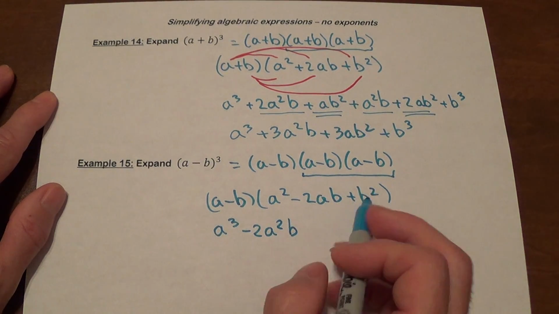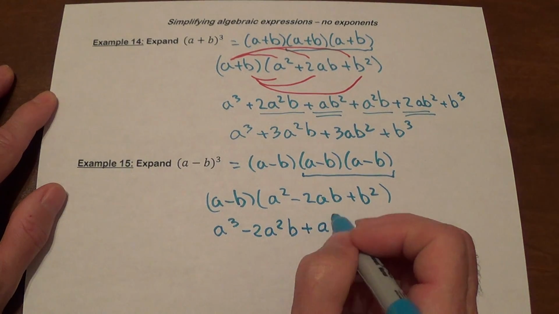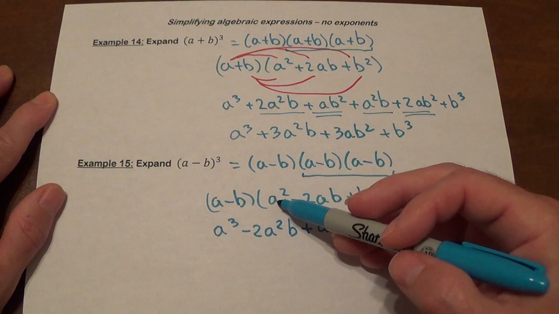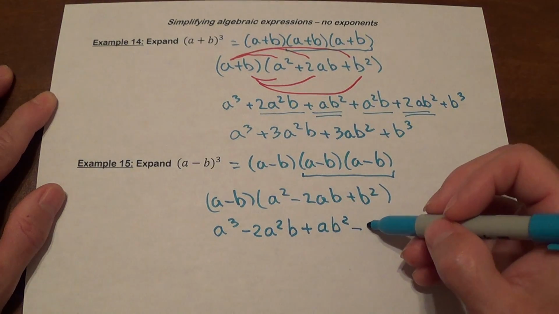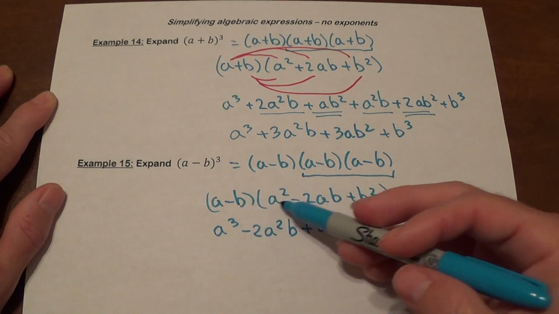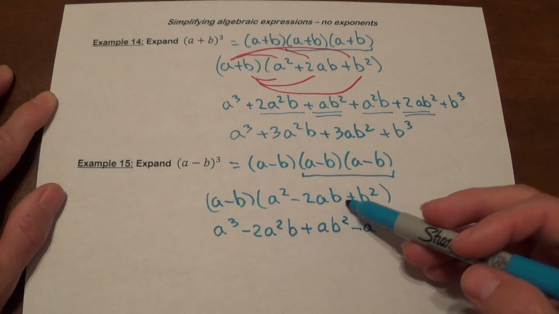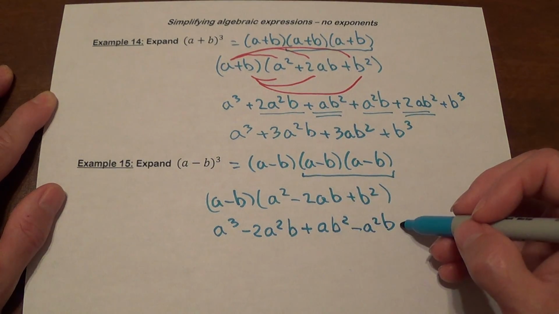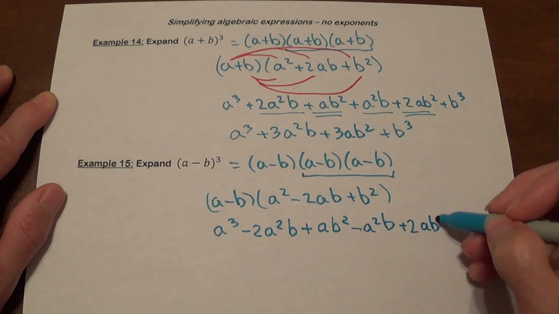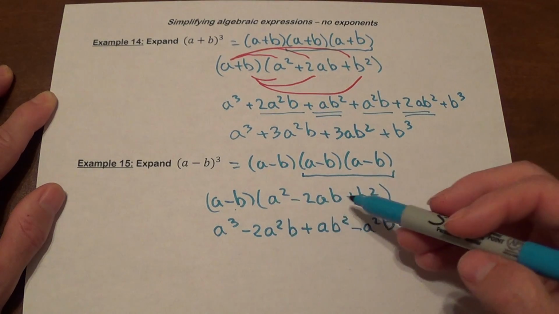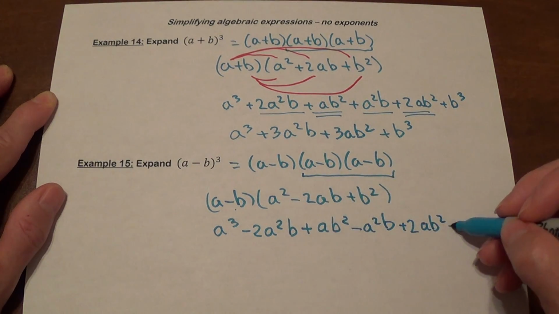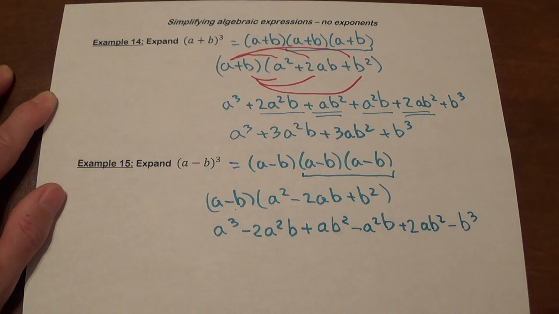A times b squared is going to be plus ab squared. Negative b times a squared will give us negative a squared b. Negative b times negative 2ab will be giving us plus 2ab squared. And finally negative b times b squared is going to give us minus b cubed.